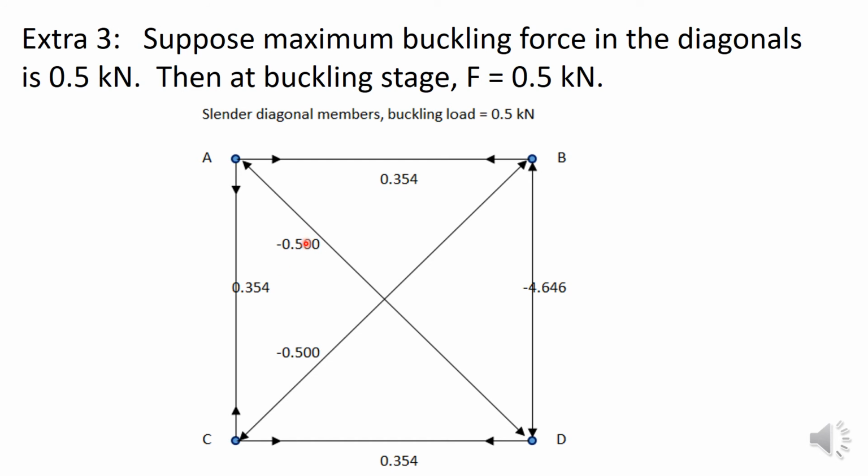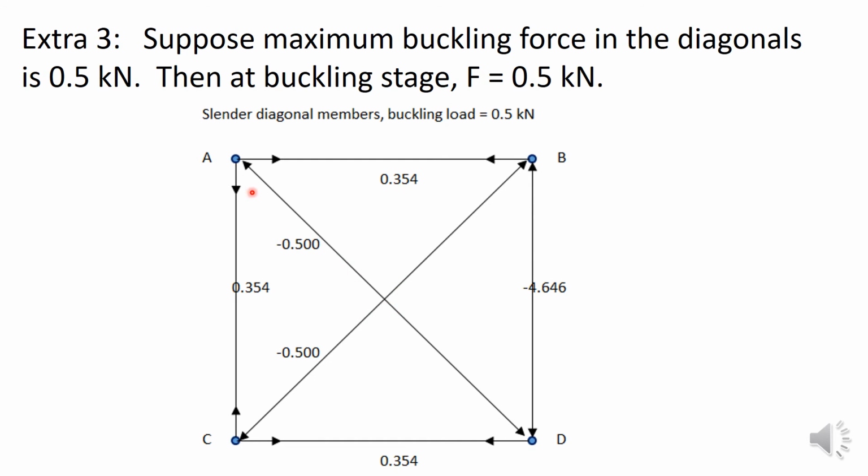Then when the load is applied, the diagonals would buckle as soon as they reached 0.5 kilonewtons in compression. Even after buckling has occurred, there is still equilibrium at each joint. So the forces on the superposed force diagram are still valid.